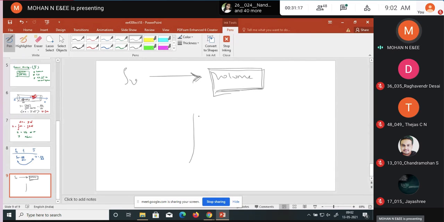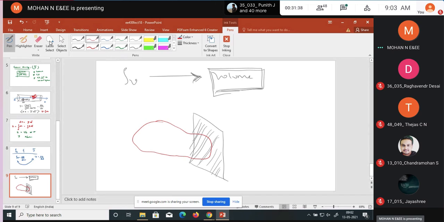For example, if you have a surface like this, and a volume charge like this, this is my surface, and these are my charges in this small volume.